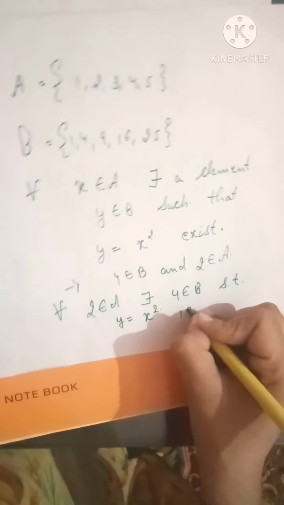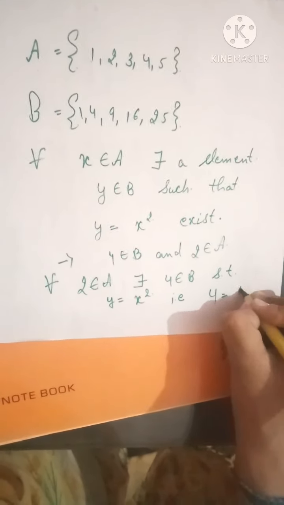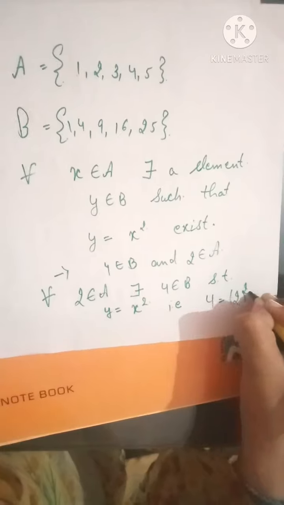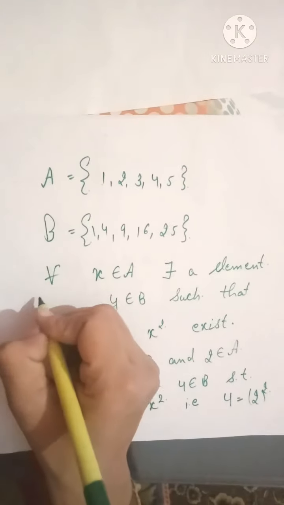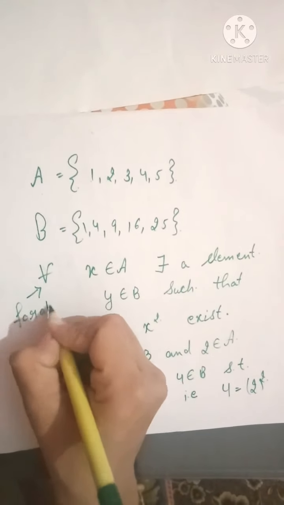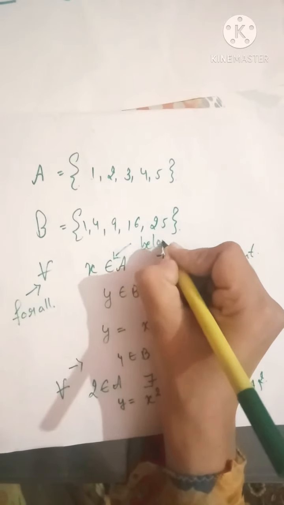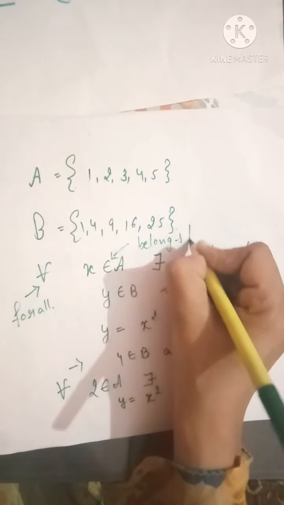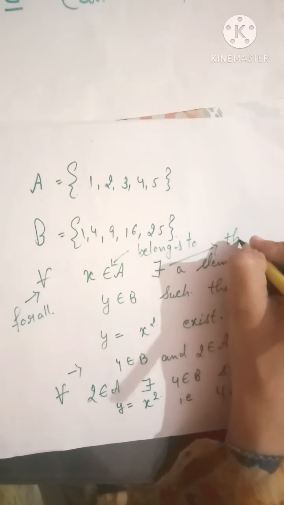That is, 4 is equal to 2 square. Clear? That means this symbol represents for all, this represents belongs to, and this represents there exists.